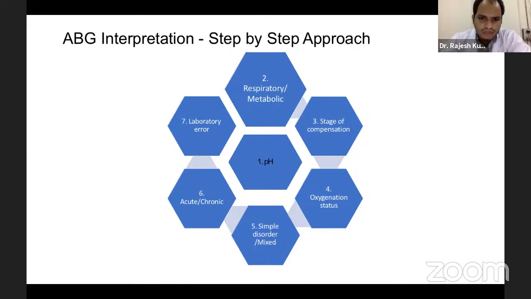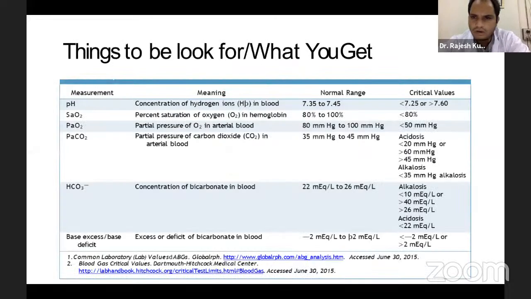So you differentiate simple and mixed disorder. Then you have to see whether the compensation is in the acute stage or the chronic stage, just by memorizing simple formulas that I will discuss in later slides. And lastly, there are some laboratory errors in your ABG, or it might be because your machine is not calibrated.